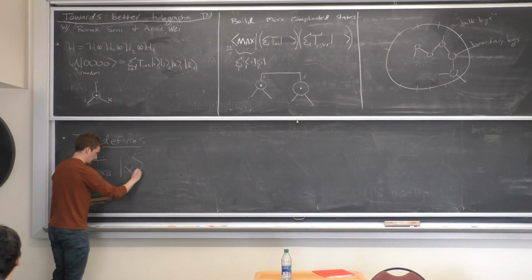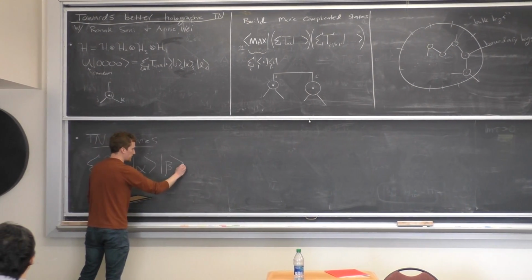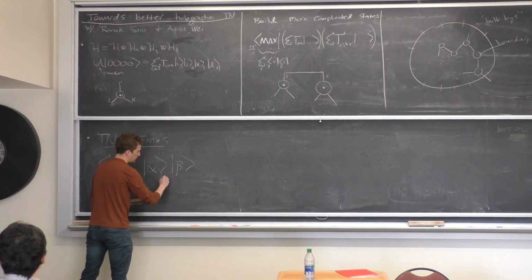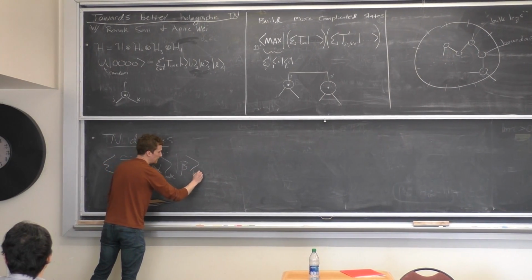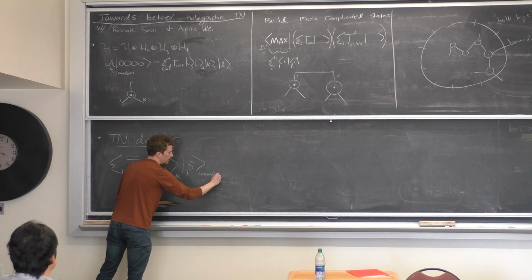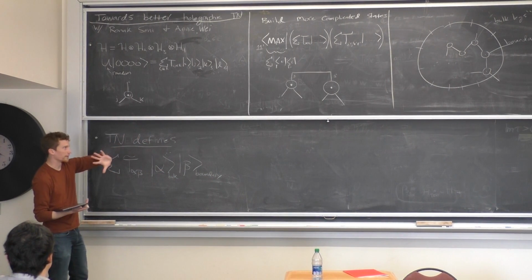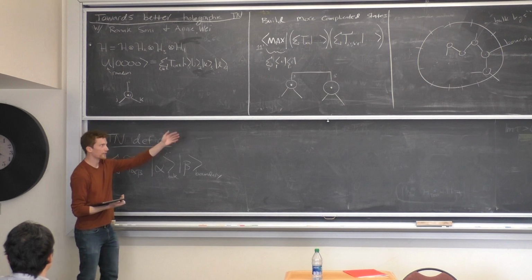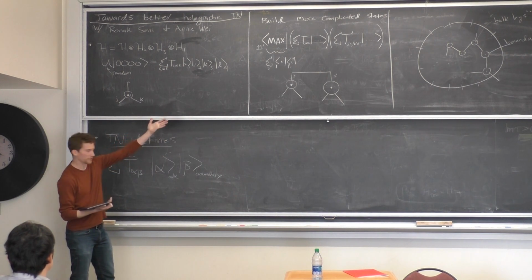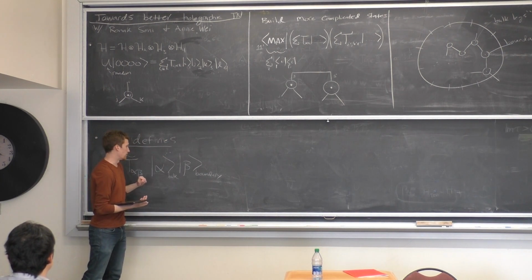And these alpha and beta are just super indices. It's one big state on the Hilbert space of all the legs that I haven't projected onto the maximally entangled state.